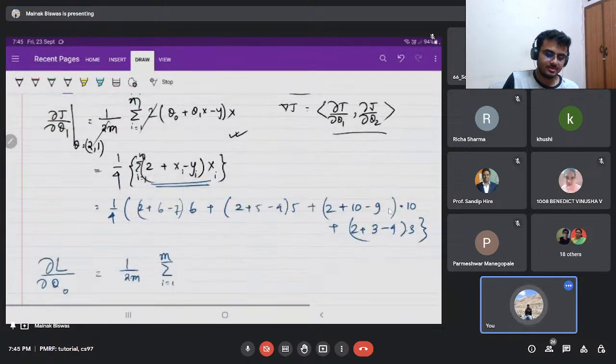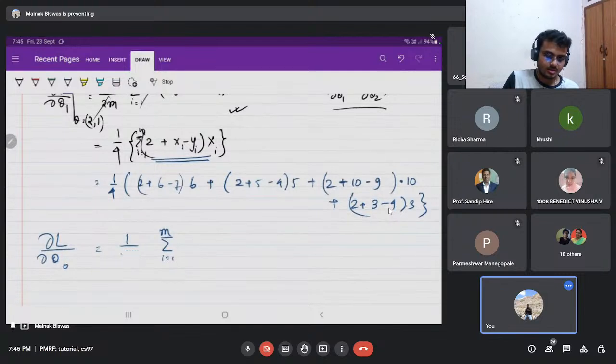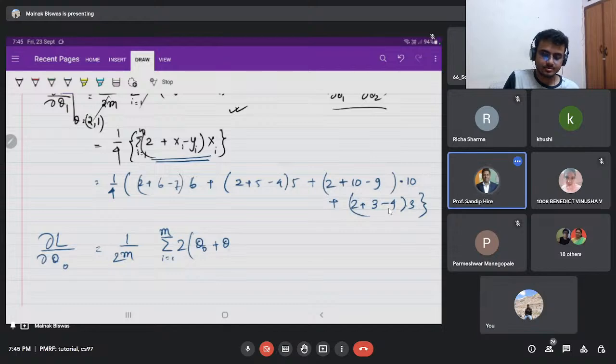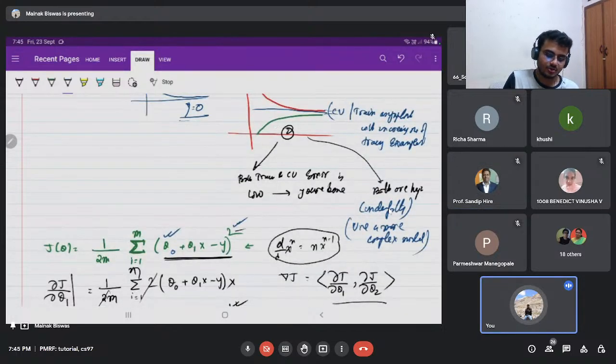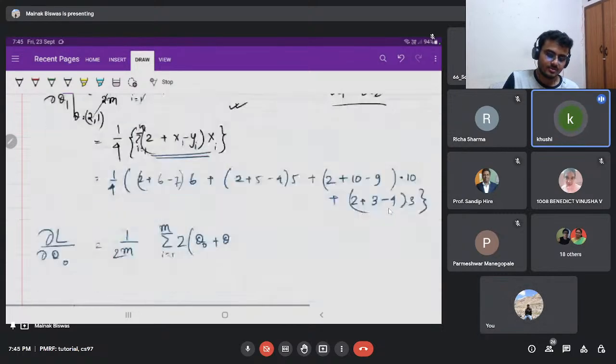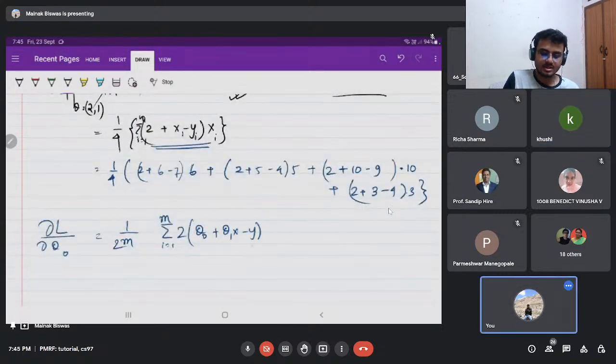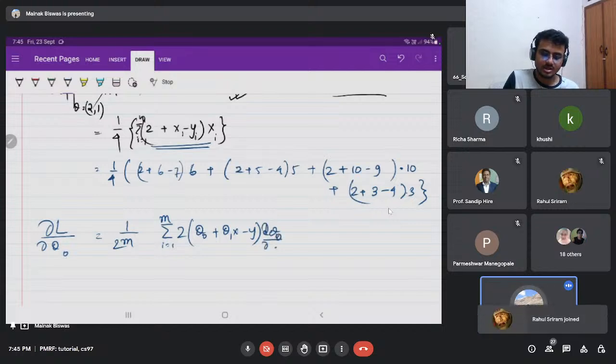It will be 1 by m, 2 into (theta 0 plus theta 1 x minus y). We had a square, so first you need to follow the chain rule. Then you have d by d theta 0 of (theta 0 plus theta 1 x minus y). As Professor Sandeep was telling, the x term will not be there, so it will just be the sum of these terms.